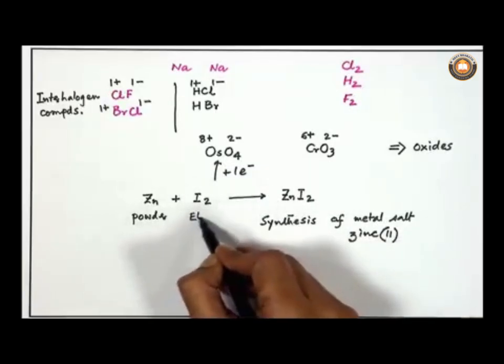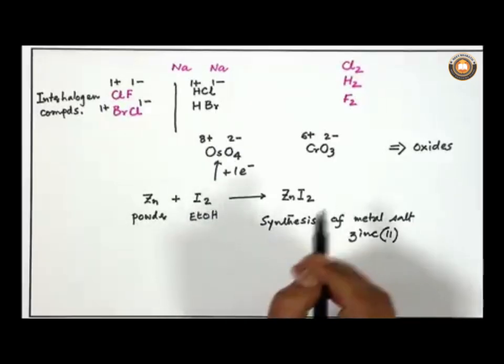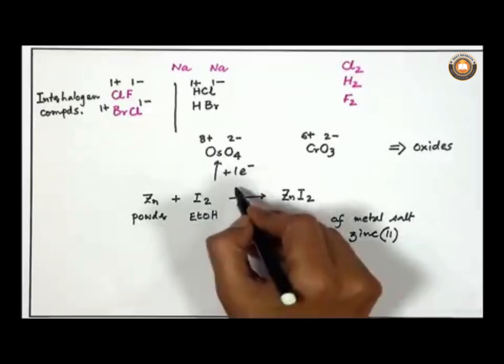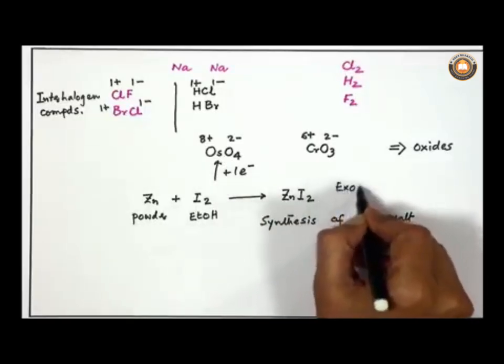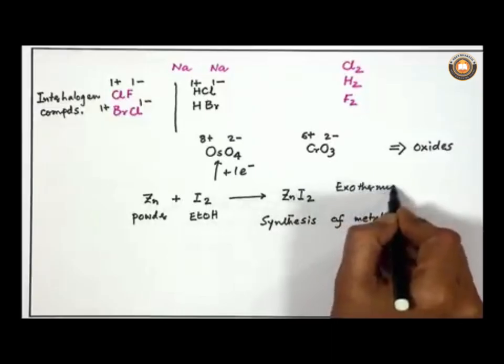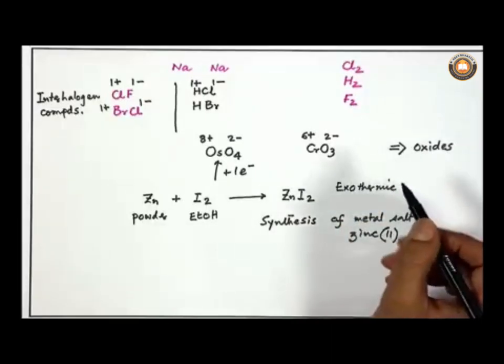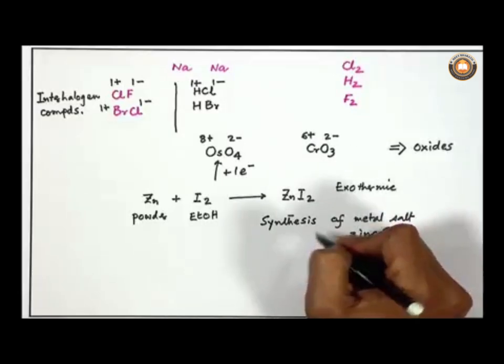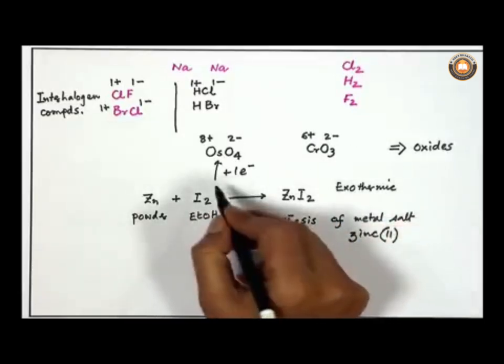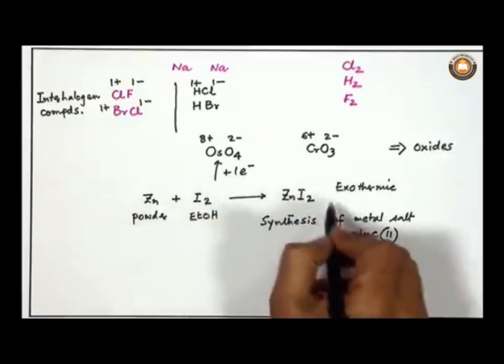in ethanol, because we have to dissolve it, we get an exothermic reaction. So, the reaction is exothermic. Heat will be liberated while producing zinc iodide, and since it is in ethanol medium, this will be in solution.